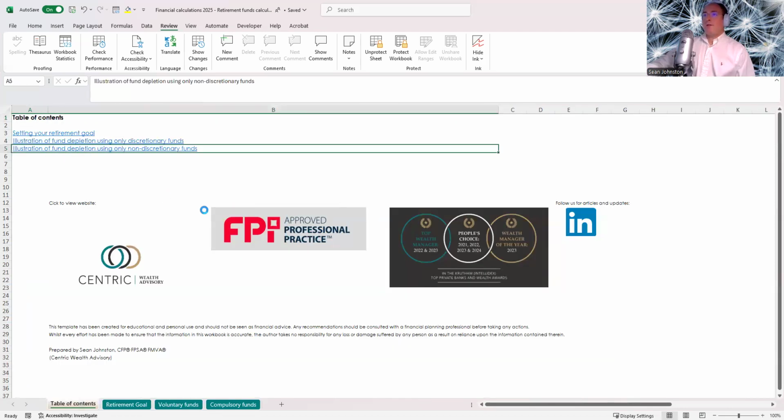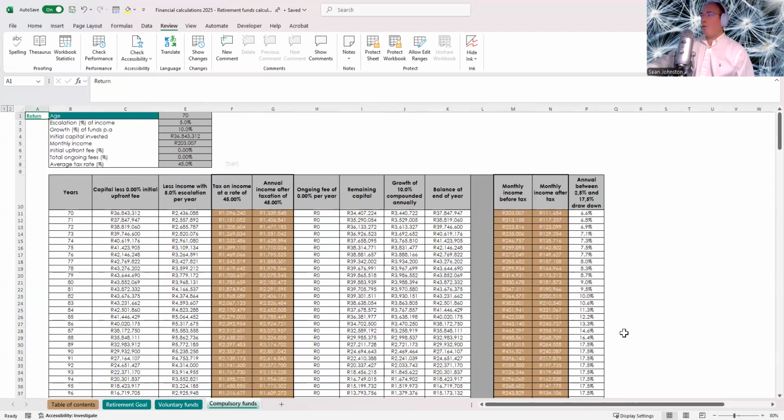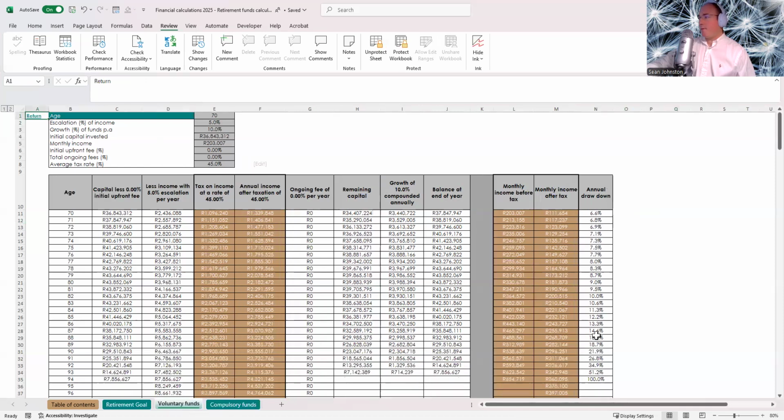they introduced the restrictions for non-discretionary or retirement funds with the Pensions Fund Act, which states that if you draw money from a living annuity, you are restricted between 2.5% and 17.5% drawdown on an annual basis. So we apply exactly the same scenario as before, but now we're capping it where this reached 17.5% over here when he was 89 years of age.